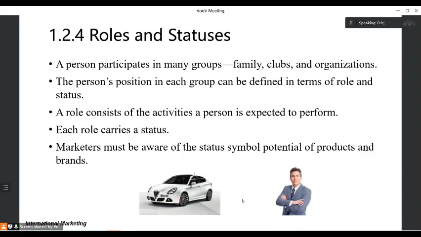So if you play these roles, you will follow some more norms about these roles. Okay, this is about roles and status. So we find that some luxury brands often also want to associate with some successful people, chief executive officers, bankers, just like that.